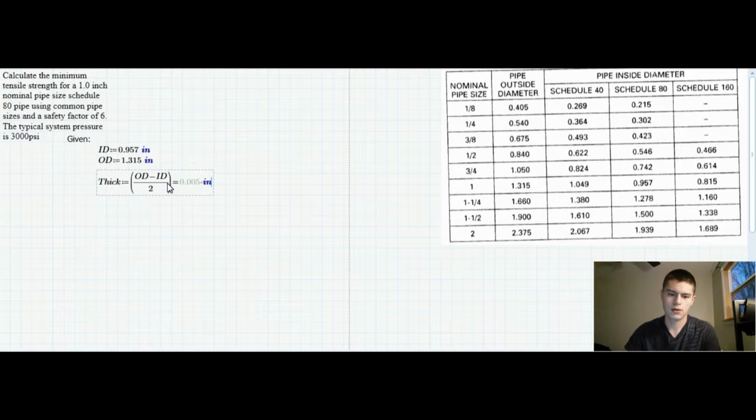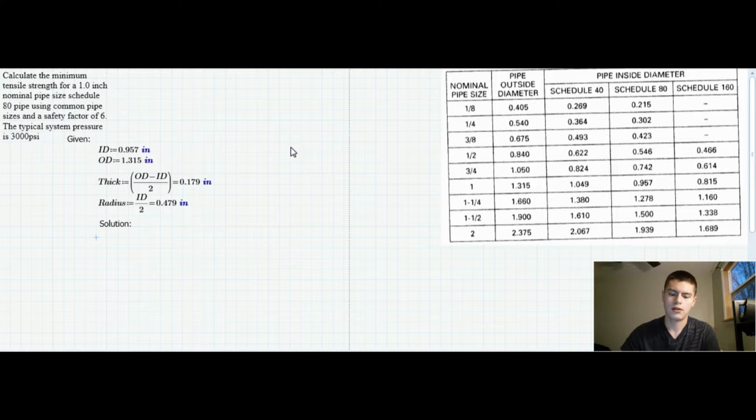Just neaten this up real quick. Okay, and also we'll need our radius. Our internal radius, that is, which would be ID divided by 2.